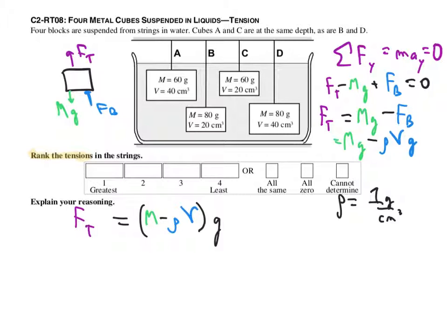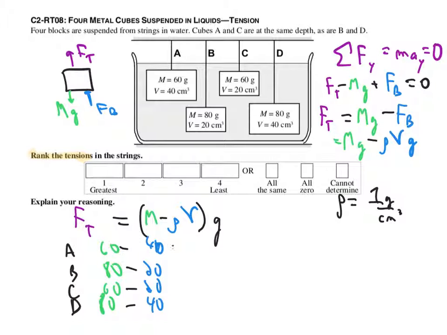So we can just do a little chart and say A, B, C, and D. And then we know that the masses are 60 and 80 and 60 and 80, and that rho times V is going to be, with minus signs, 40 for that, and 20, and 20, and 40, which means we end up with 20 here, and 60, and 40, and 40.